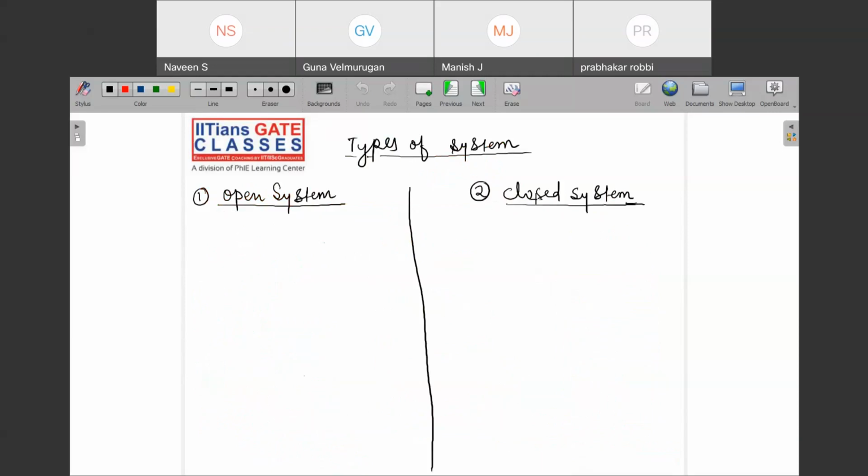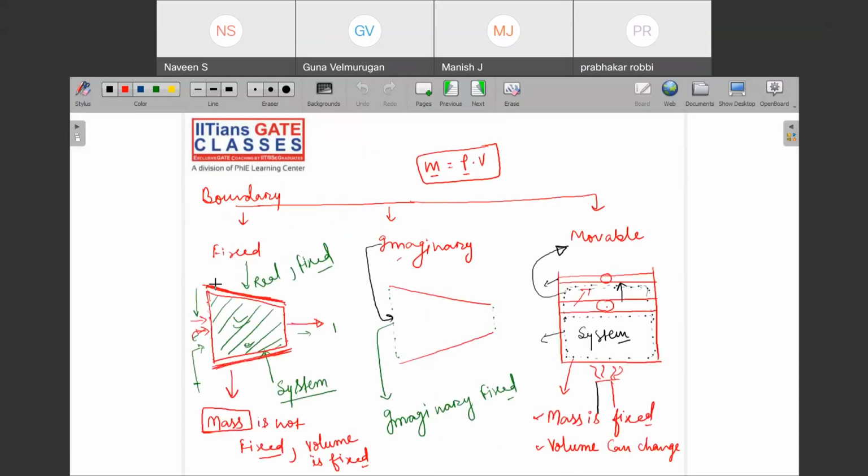One is called open system and second one is closed system, and the third one is isolated, which we will study next. So what happens in the open system, that we have just now seen that in open system mass interaction is there. Mass interaction is there. We have seen just now that there was one system. So we name that system, this system where mass interaction we can see is the open system.